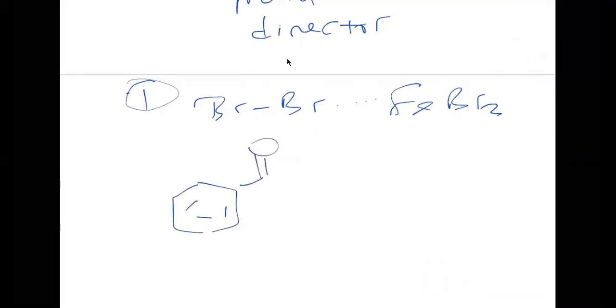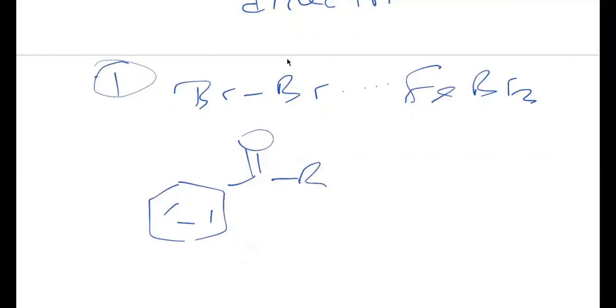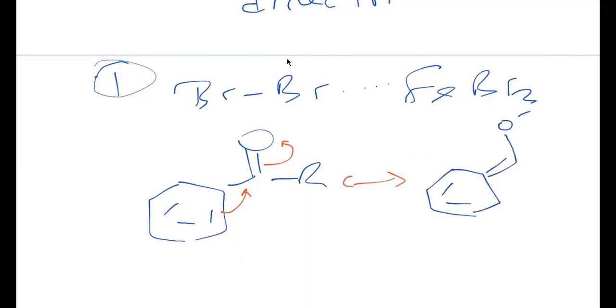So I'm just going to put an R group. If I drew this and I drew the resonance form for it, is this what the resonance form is going to look like? Is that the resonance form based on the arrows I just put in? Yeah.